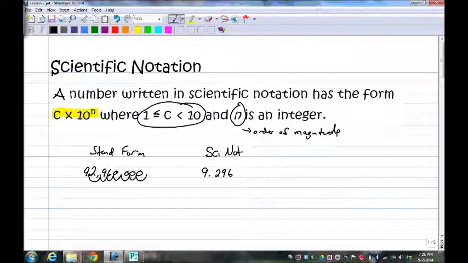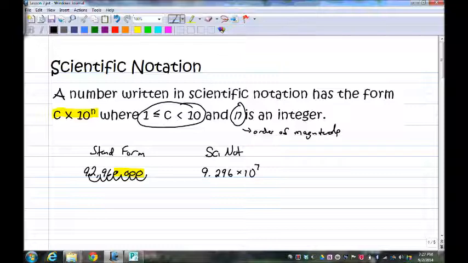If I had a 0 in between here, I would write that 0. I'm going to leave off the trailing zeros. And then I'm going to say, all right, multiplied by 10. And then how many times did I move the decimal over? I moved it 1, 2, 3, 4, 5, 6, 7 places. So 10 to the 7th.